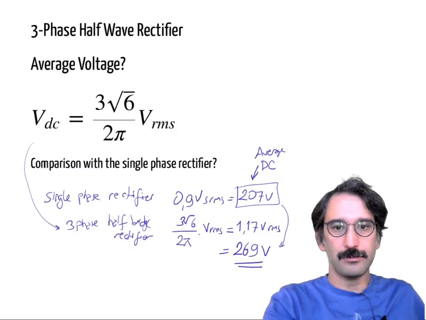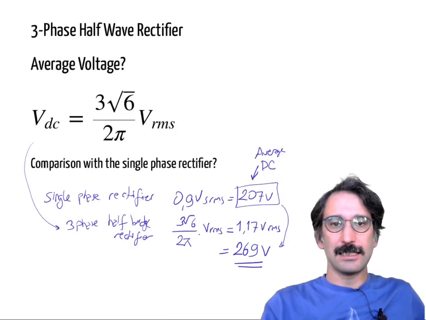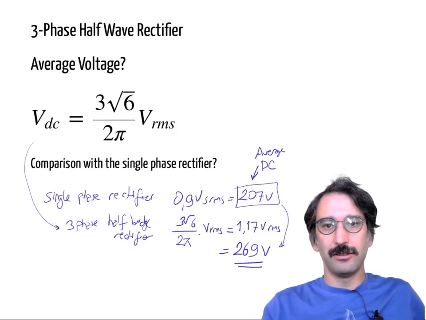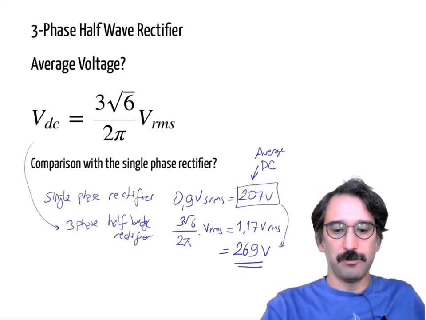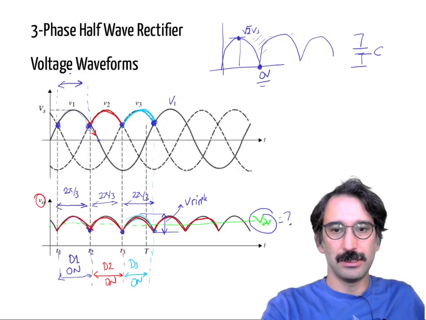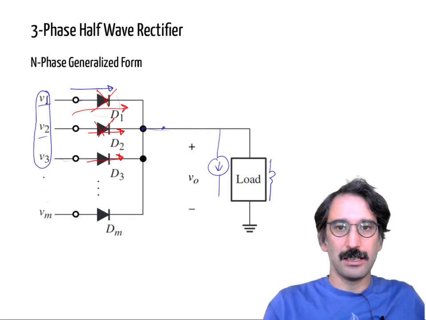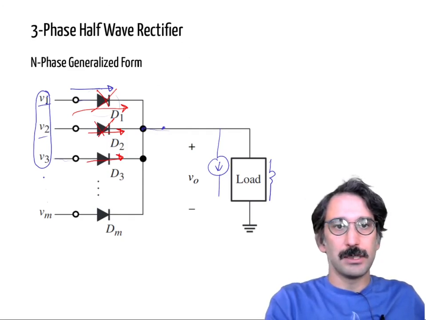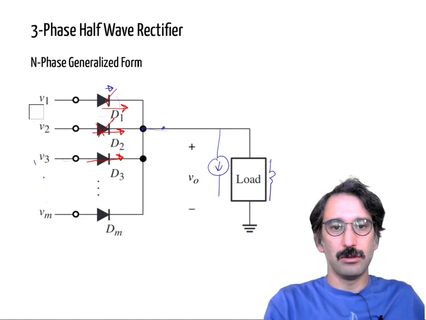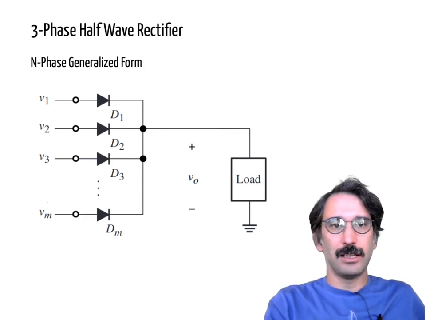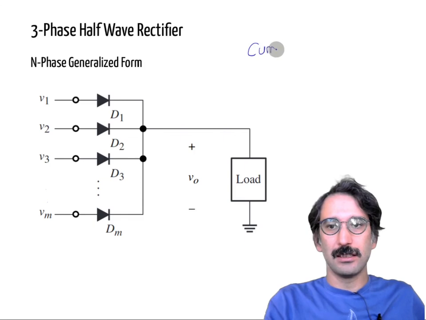Okay, but actually half wave rectifiers are rarely used, and this is just an exercise. But what is the problem with those half wave rectifiers? The biggest problem is the current waveform. What does it mean?